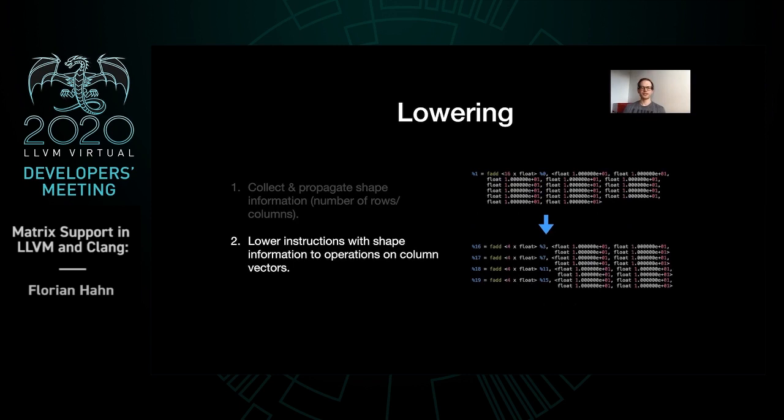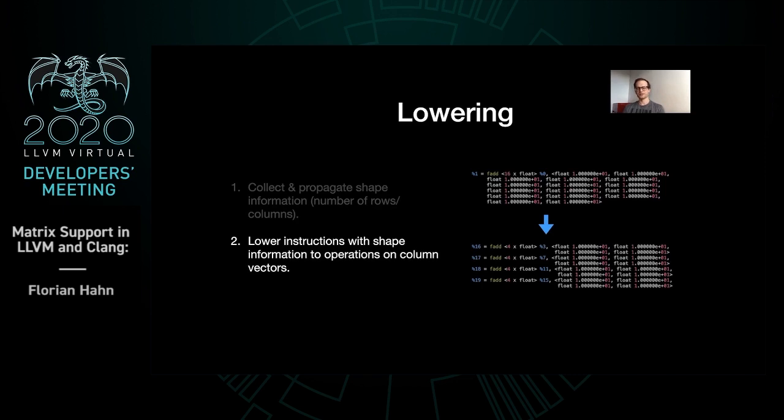Next, we lower the fadd instruction. The fadd instruction is already a legal LLVM instruction that we not necessarily have to treat specially, but we can make use of the fact that we know that the input operand is a 4x4 matrix, and the producer will create those 4 column vectors.